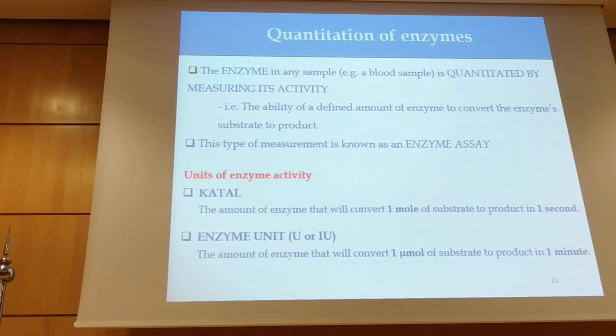The definition for the enzyme that you will see in the patient chart: basically the amount of enzyme needed to convert 1 micromole of substrate to product in 1 minute. Okay? So this is the enzyme unit.